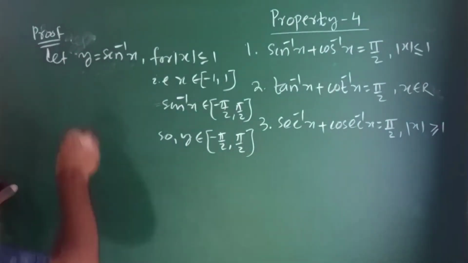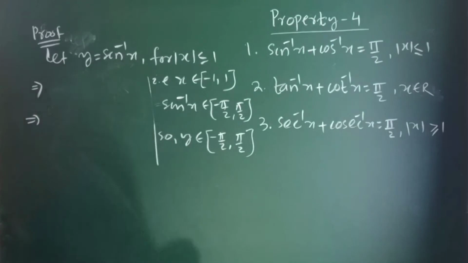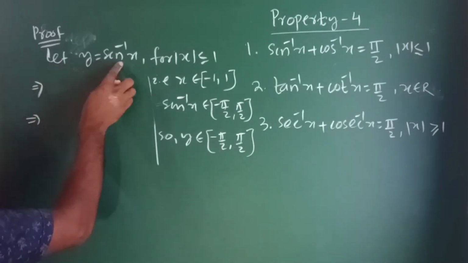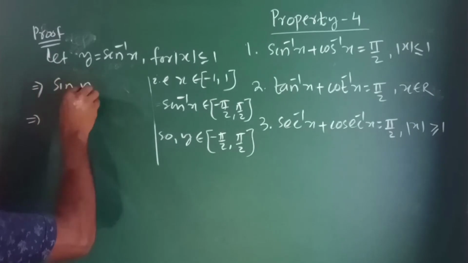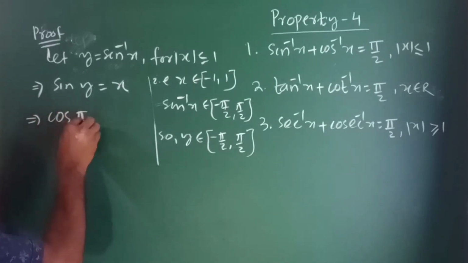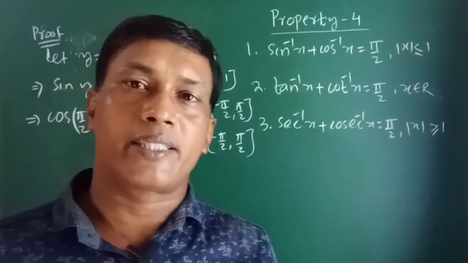Look here. If y is equal to sine inverse x, here is sine inverse, here will be sine. That means sine y is equal to x. Sine y is equal to cos of 90 minus y, since cos 90 minus theta is sin theta.